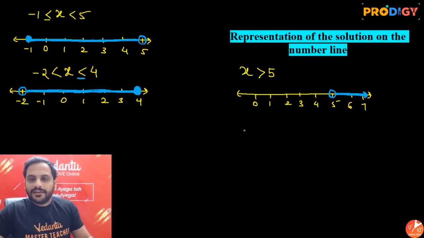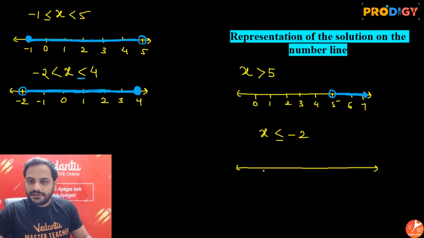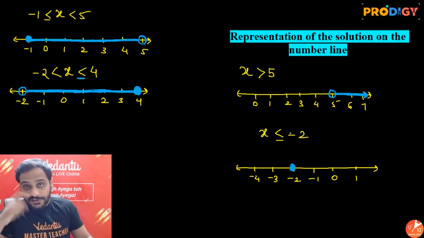Alright, suppose we have x is less than or equal to minus 2. In that case, let's say this is the number line. We have minus 4, minus 3, minus 2, minus 1, 0 and 1. So x is less than or equal to minus 2. At minus 2 I will do a darkened circle because minus 2 is included.